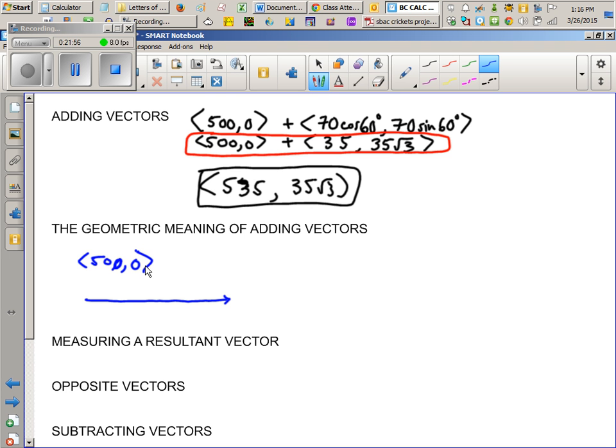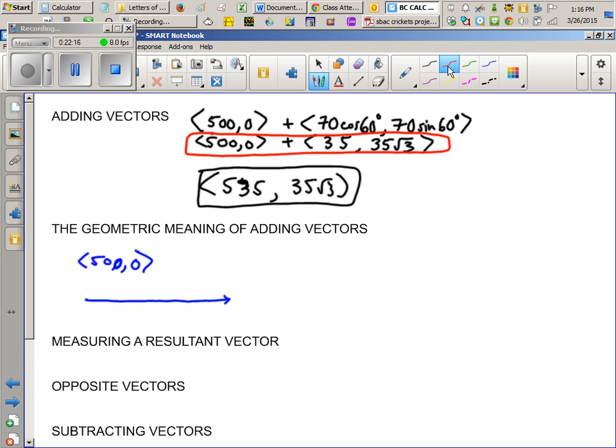The other vector was 35 and 35 root 3, which is, of course, a much shorter vector. In fact, its length was 70. This was the magnitude right there. This was the direction. So it's a 70-unit vector pointing in the 60-degree direction.